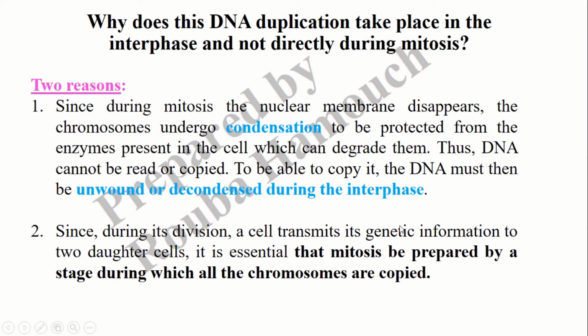Why does this DNA replication take place in the interphase and not directly during mitosis? There are two reasons. The first reason, since during mitosis the nuclear membrane disappears, the chromosomes undergo condensation, a certain type of compaction, in order to be protected from the enzymes present in the cell which can degrade the chromosomes. Thus, when DNA is condensed, we cannot read it or copy it.